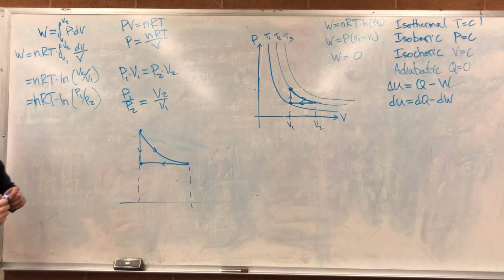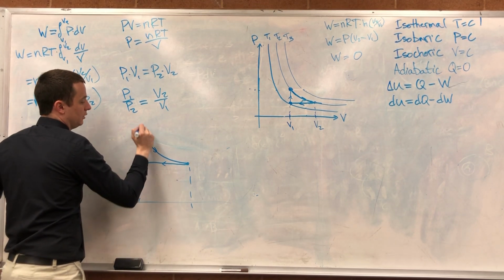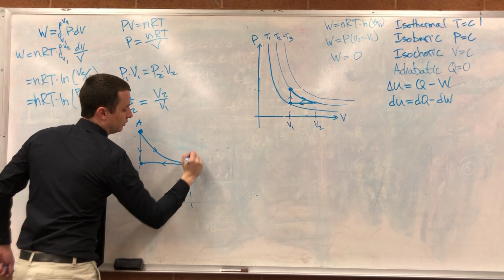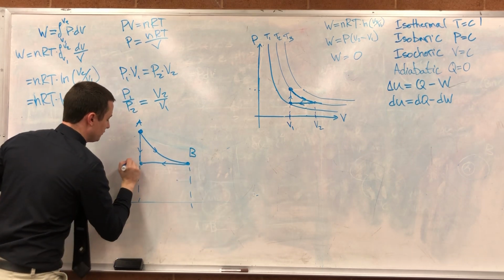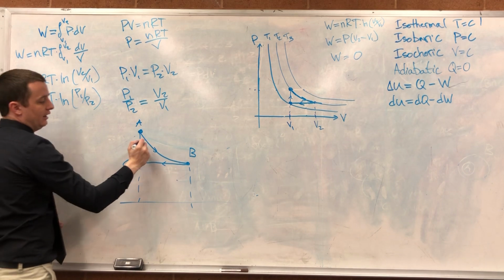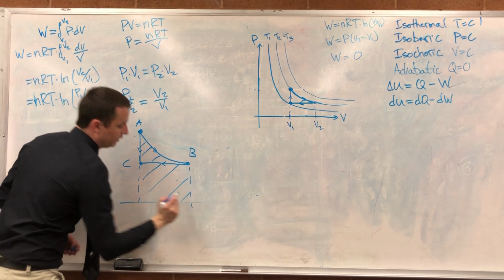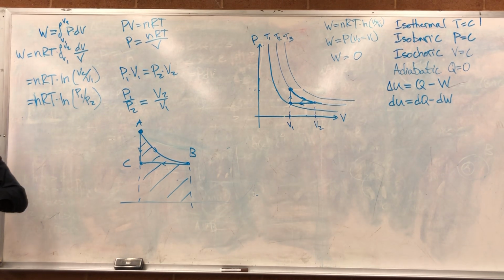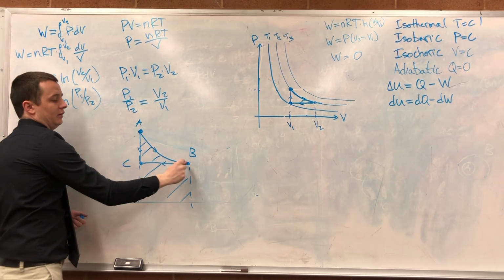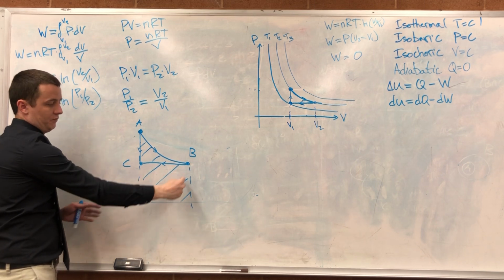Now the amount of work the system does going from point A to point B, and we'll call that point C. So going from point A to point B, the amount of work it does is this area under the curve in between those 2 points, right? So that was it going from here to here. So the volume expanded.